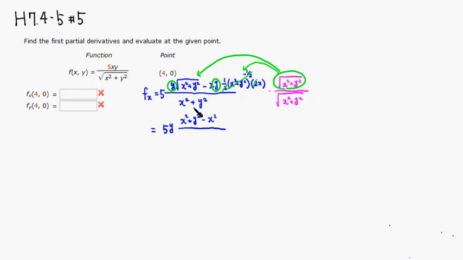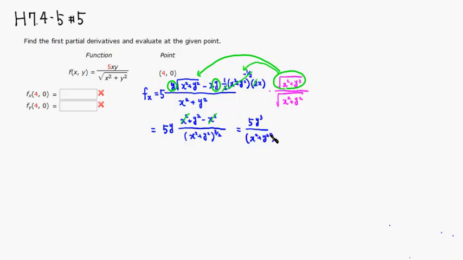On the bottom you have the quantity x squared plus y squared to the first power and the 1/2 power, so 1 plus 1/2 is 3/2. Then x squared and minus x squared cancel out, so you get 5y cubed over x squared plus y squared to the 3/2 power.